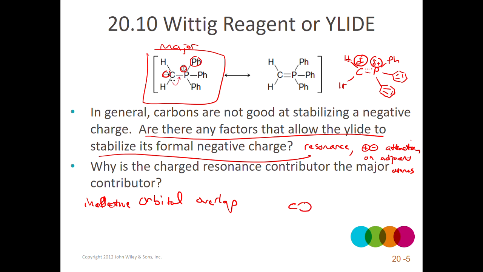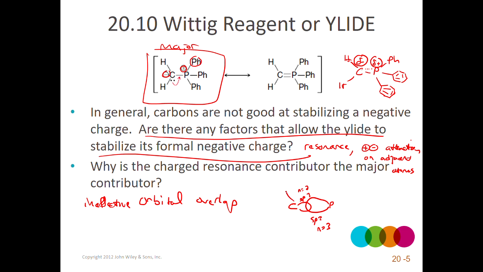So the carbon has an sp3 from the second energy level, and the phosphorus has an sp3 from the third energy level. So the phosphorus's orbital is larger, and that means these elements can only get so close.